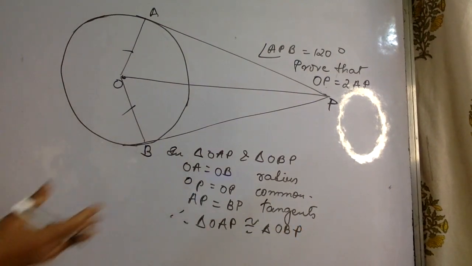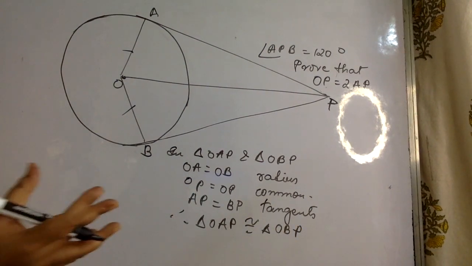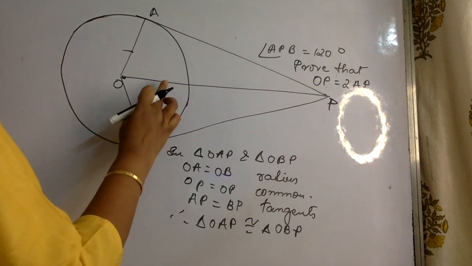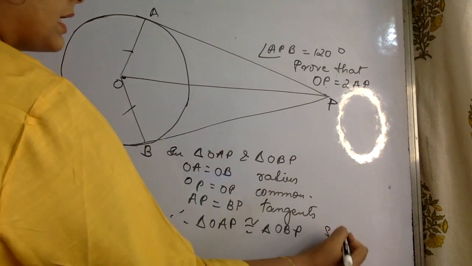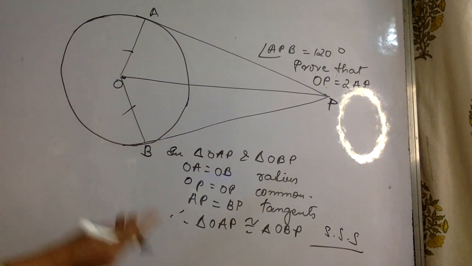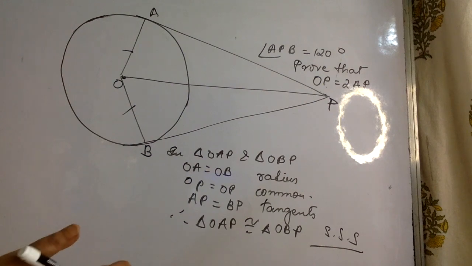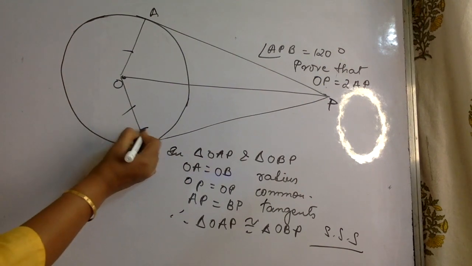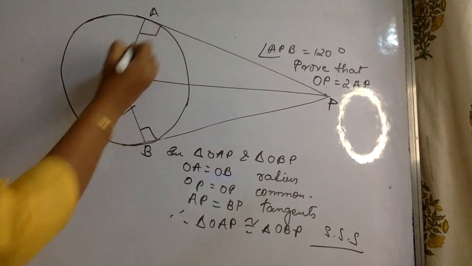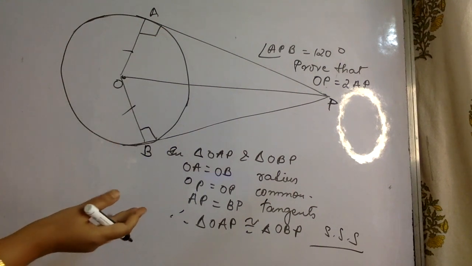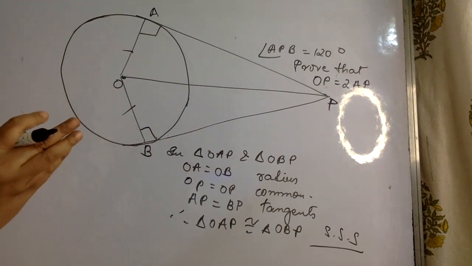You must work this out. By what? By SSS postulate, we have proved congruence. We could have proved by other methods also. Now here is a 90. Yes, RHS could have been also another method, or even SAS could have been one method.